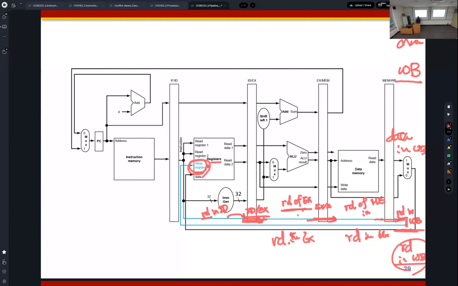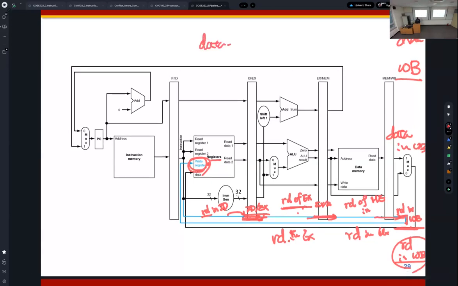But when a certain data is consumed or processed, we need to make the correct timing of the other data or other control signals in the pipeline architecture. So this is very important. If this timing is incorrect, then our processor will generate the incorrect result. Okay, it's a bug.